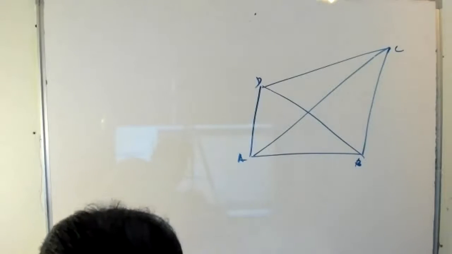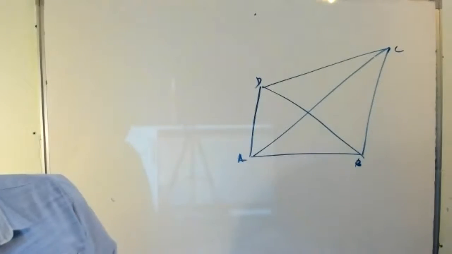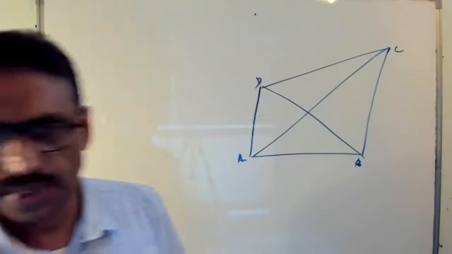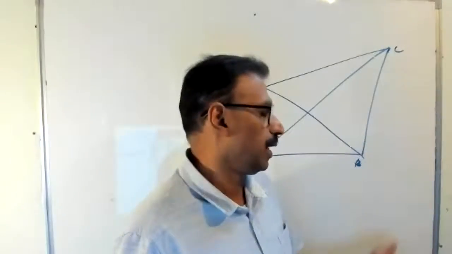Collinear means what? They are forming a straight line. So here, A, B, C is not collinear.